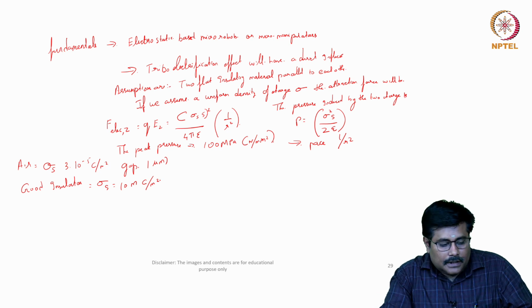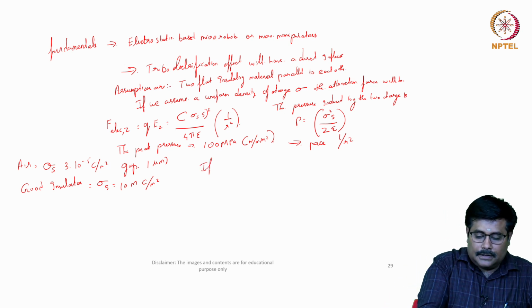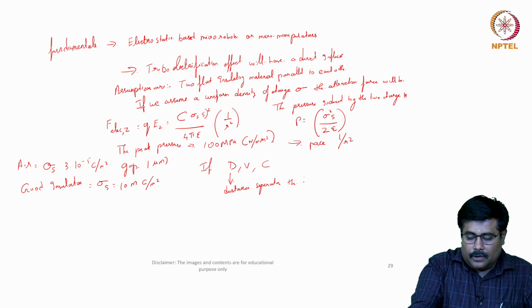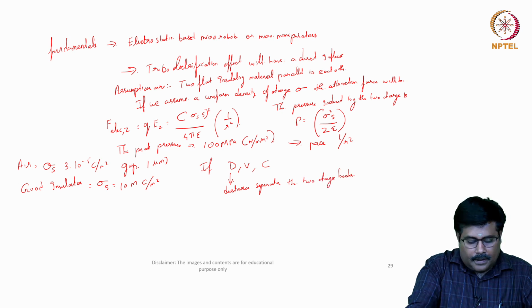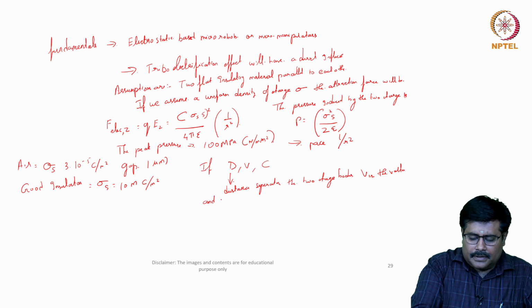The electrostatic force is calculated from the electrical energy stored in the capacitor. Let us consider d as the distance separating the two charged bodies, V as the voltage and C as the capacitance.